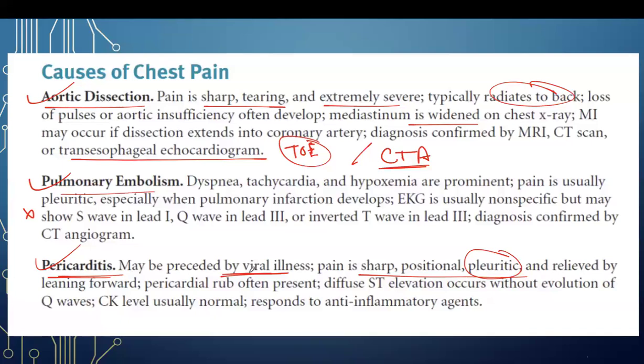And when you do an ECG on this patient, you will get a global ST elevation. We will show you how this ECG looks in our ECG class in the course. Definitely there is ST elevation throughout the whole leads and all the cardiac enzymes will be normal. And then you can confirm that it is pericarditis.